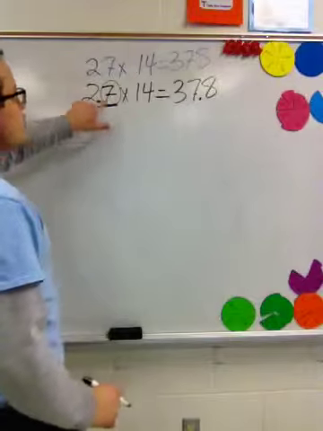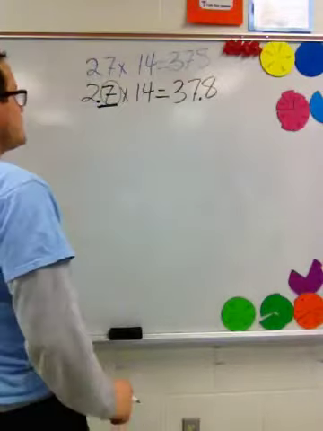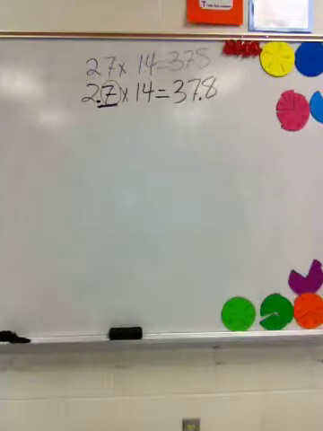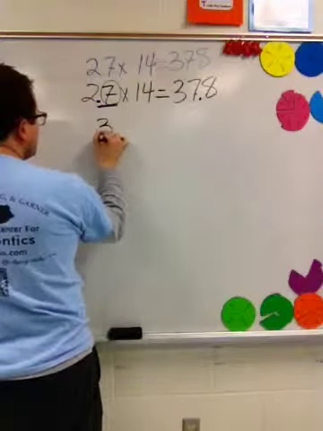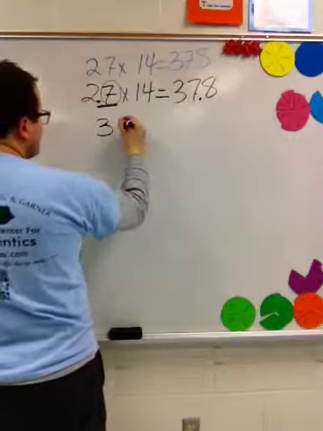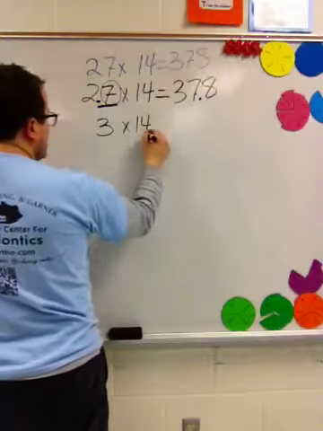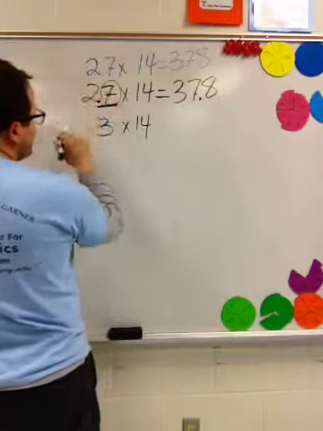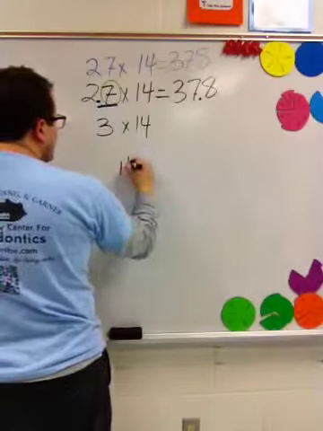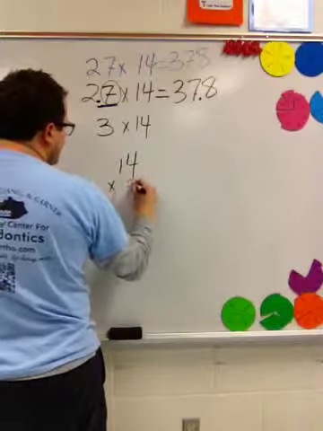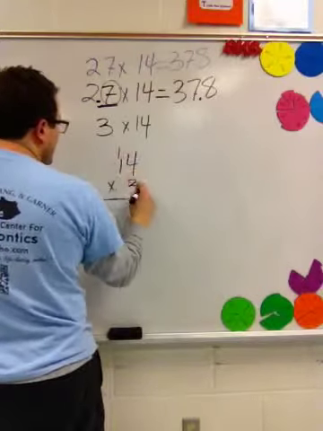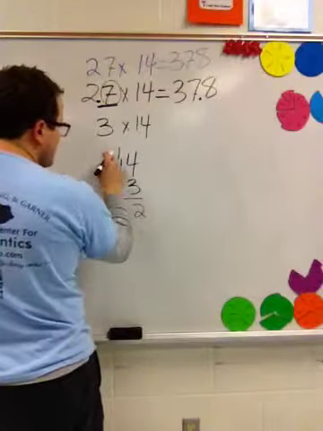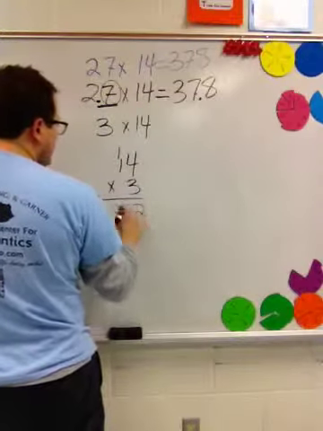If I had 2 and 7/10 times 14, okay? 2 and 7/10 rounds to 3, and 14 stays the same. So I'm basically saying this is about 3 times 14. Well, 3 times 14, 3 times 4 is 12, and 3 times 10 is 30, plus 12 is 42, right?